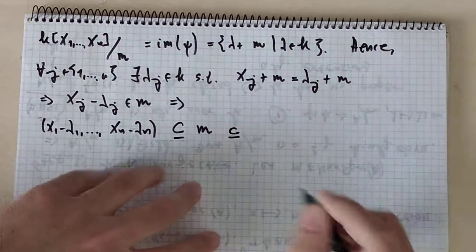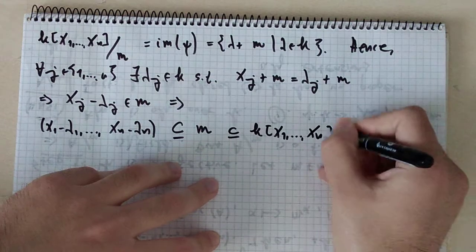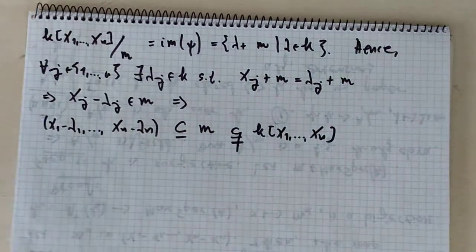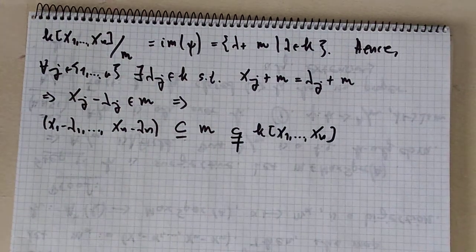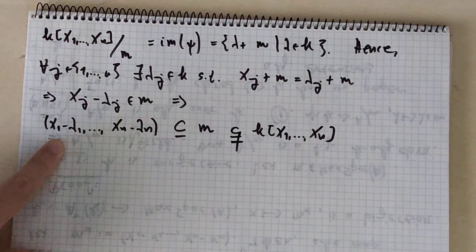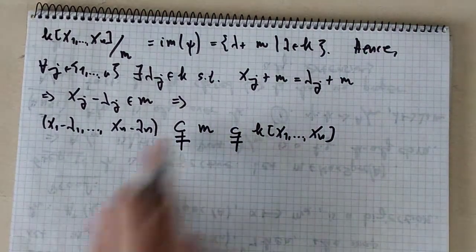But now recall that M is an ideal of the polynomial ring, right? And since we assume that it's maximal, we can have equality here. By definition, maximal ideals cannot be the whole ring, right? But now, let's assume that this inclusion was proper.